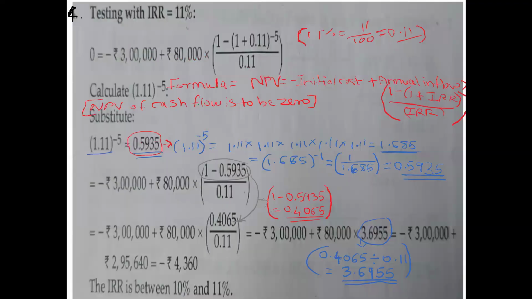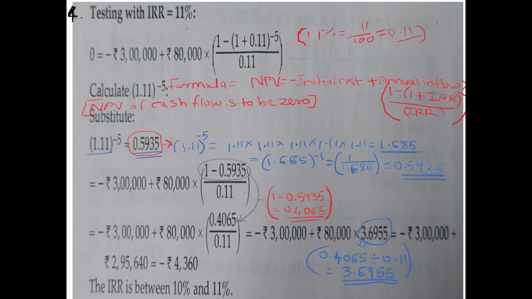Next, fourth, testing with IRR equal to 11%. Now we are testing IRR with 11%. So NPV is 0.